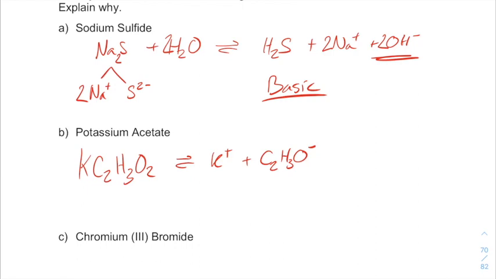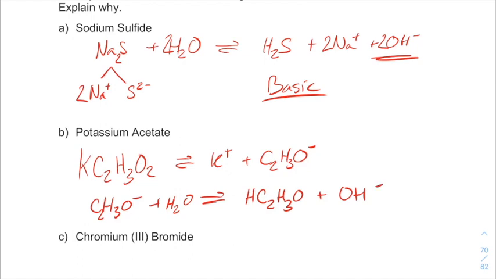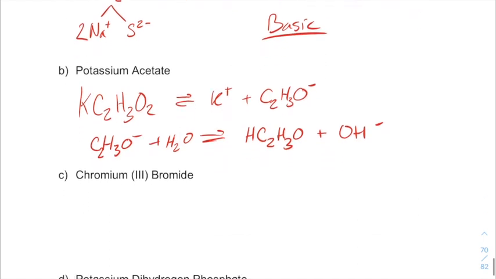And then that C2H3O2- plus a water would result in the formation of acetic acid plus an OH-. And we know that acetic acid is a weak acid, so that equilibrium is going to complete itself, and we're going to be talking about the Kb value for that acetic acid.